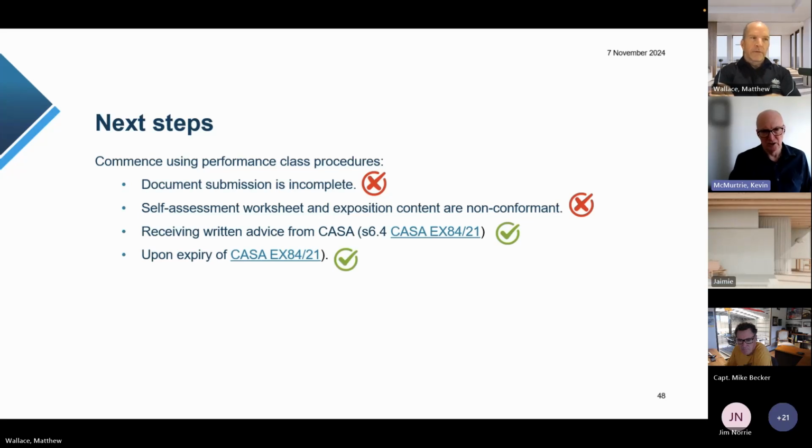If all of those 3 items are satisfactory, your transition is complete and you'll receive notice in writing to state that. Otherwise, if any more information is required, we'll request that and continue progressing the submission.